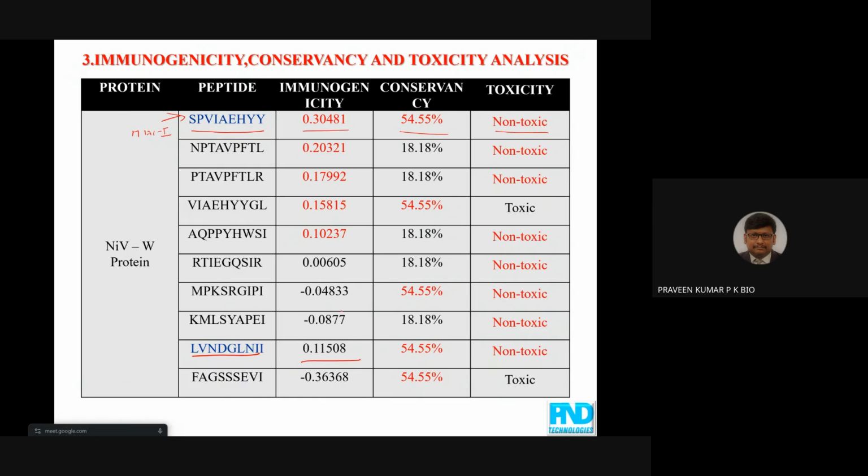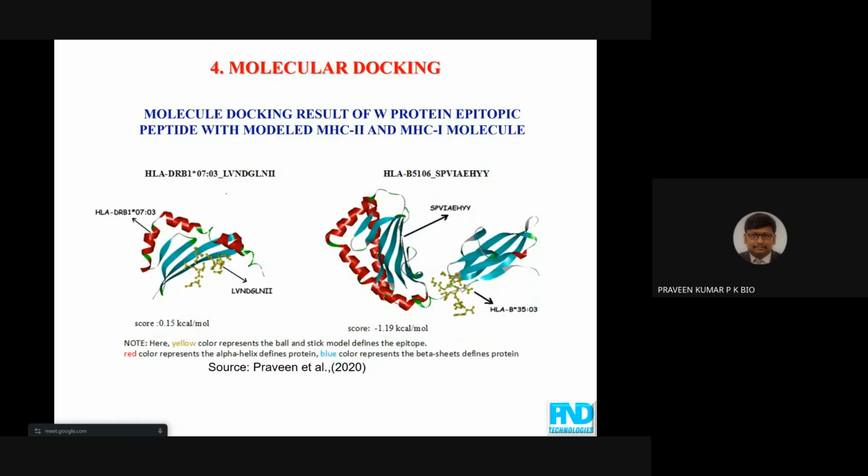So whatever peptides I screened for MHC1 and MHC2, this is an MHC1 peptide and this is the MHC2 peptide. For MHC1 these are HLA, which can be A, B, or C. For MHC2 it can be DP, DQ, DR, any of the genes.